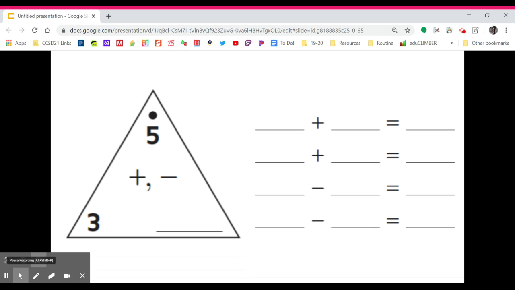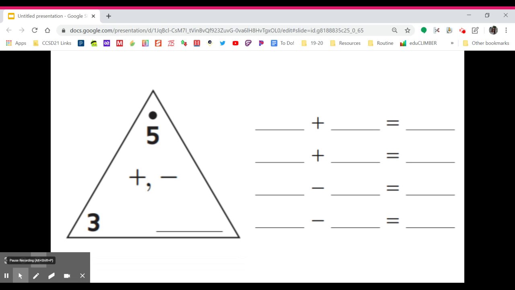So let's try one more altogether before we send you off to try this on your own. In this case, we see two numbers represented in the fact triangle. We see the number at the top and one number at the bottom. We know that the number at the top is always going to be the sum.